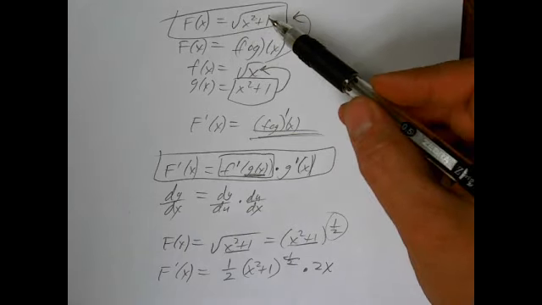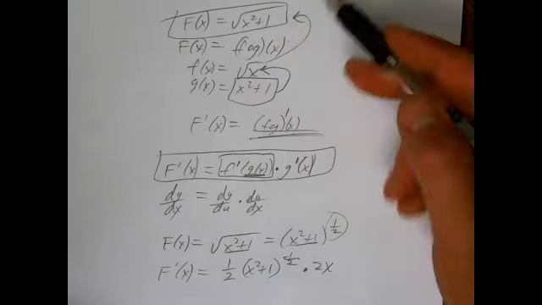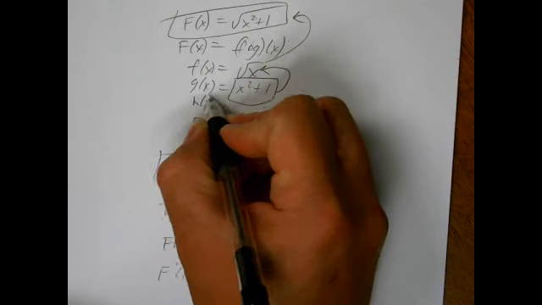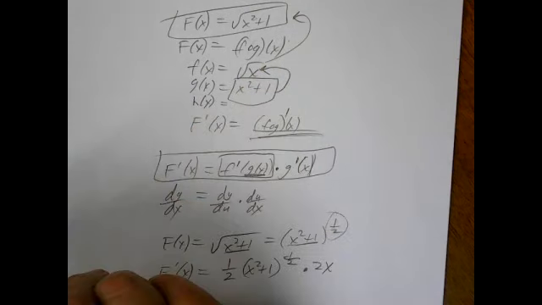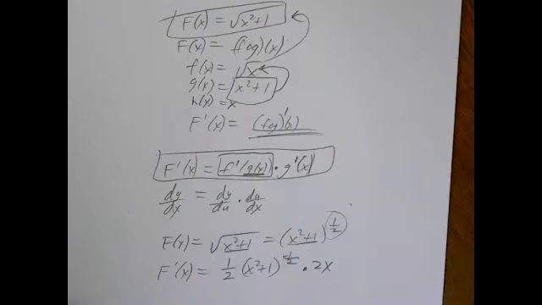There's, though, always, in my opinion, one more function on the inside. So I would add to this list an h of x, a third function, that being the identity function.